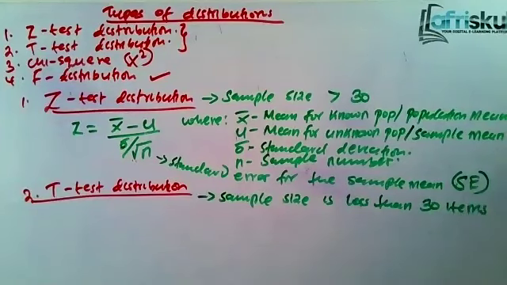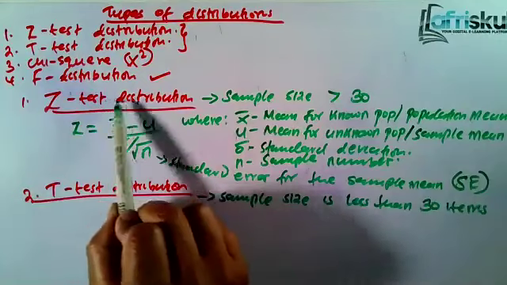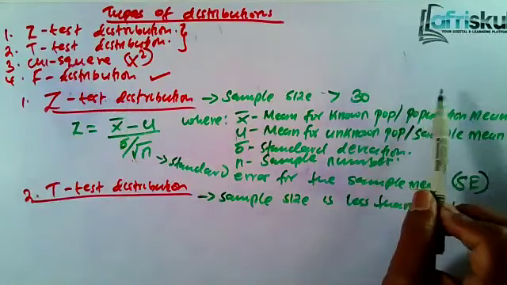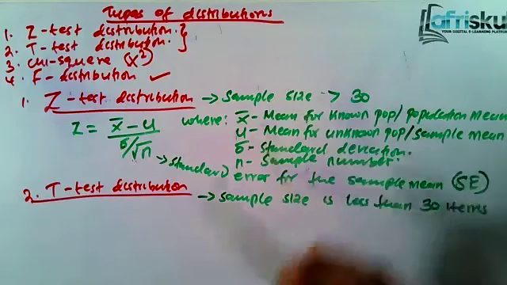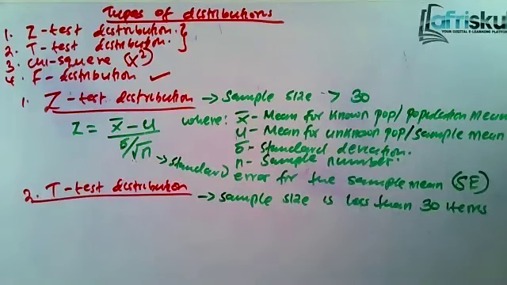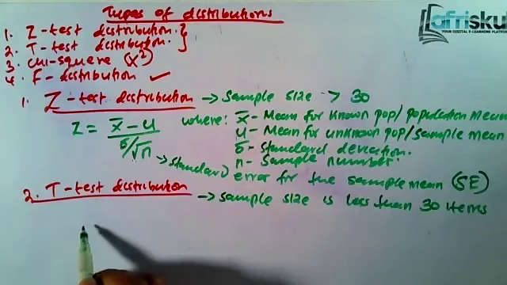That's the major difference. Z distribution is used when the sample size is greater than 30, but T distribution is used when the sample size is less than 30.